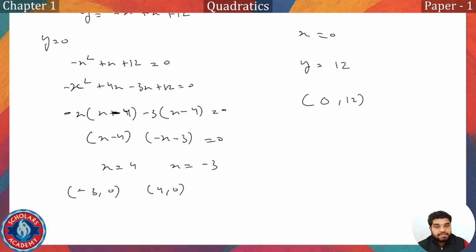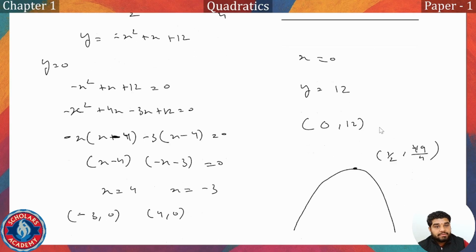So let's draw this curve. The orientation of the curve: since the vertex point is a point of maxima, it will be like this, upwards, right? The point of maximum value is 1 by 2 and 49 by 4, right? So this is what we are getting, 1 by 2 in x and 49 by 4.